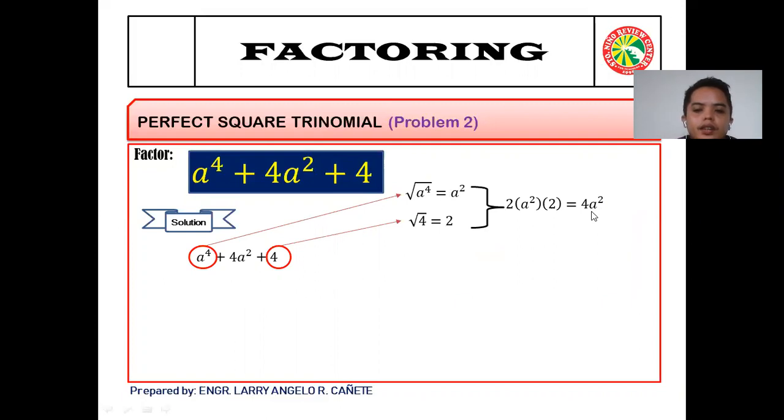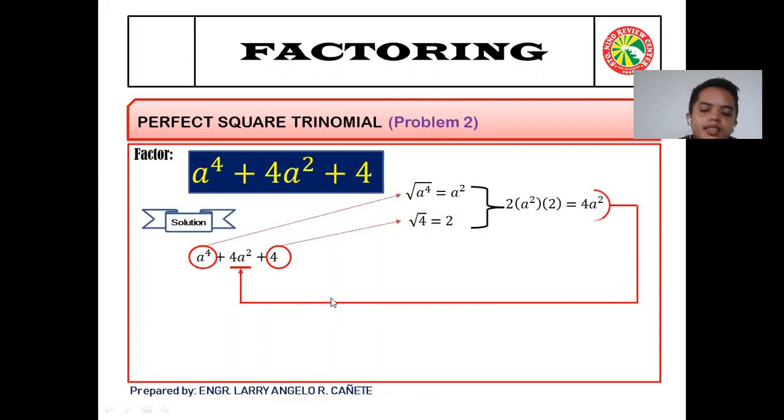So as you have noticed here, upon multiplying these two, it is the same as the middle term here. So with that, 4a squared would be the basis for factorable. So therefore, that is factorable.